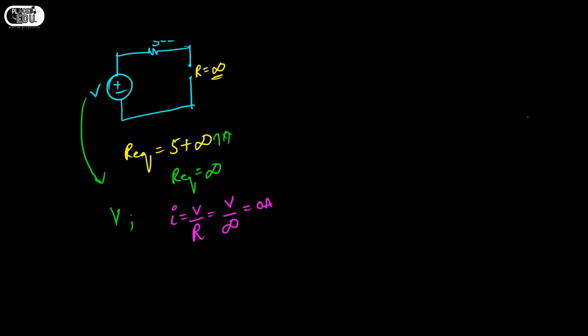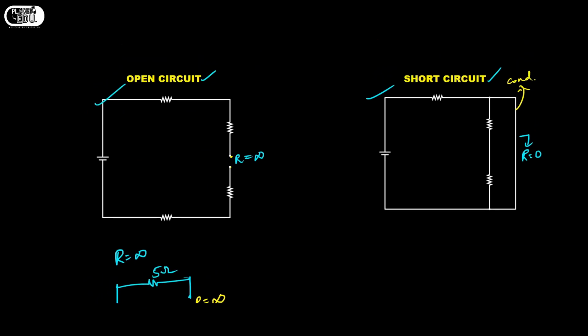So in open circuit, current will be equal to 0. So the I here will be equal to 0. There will not be any current flowing through the open circuit, or any current in the circuit if there is an open circuit like this.